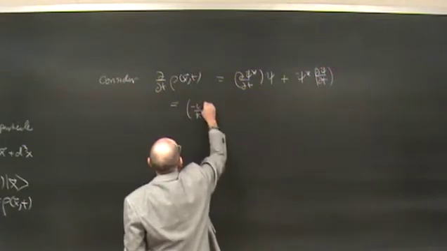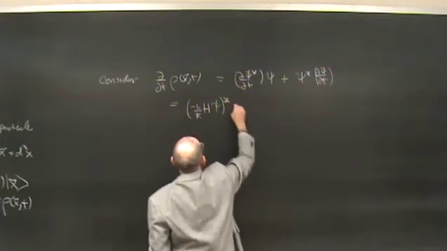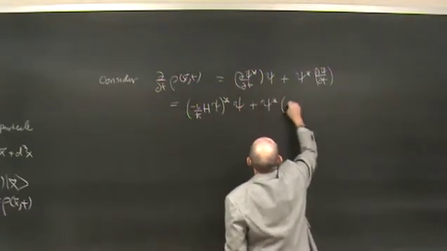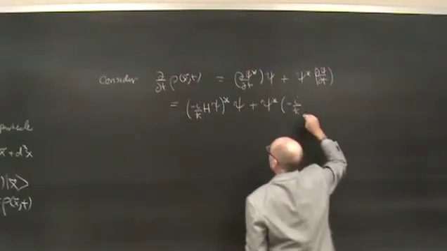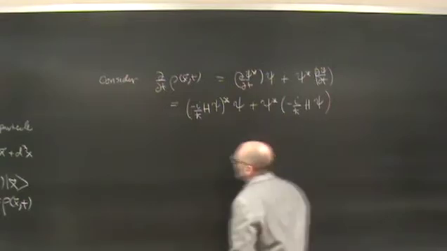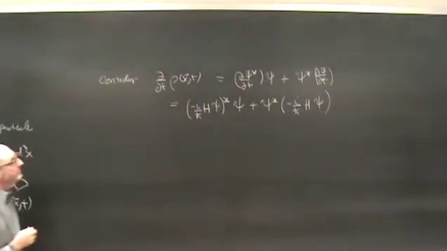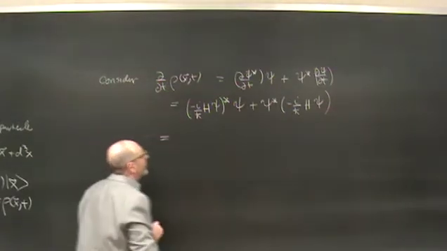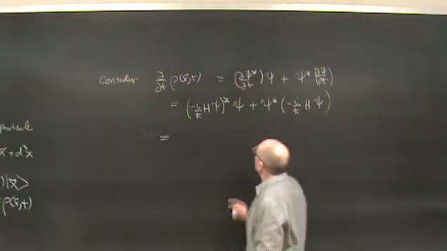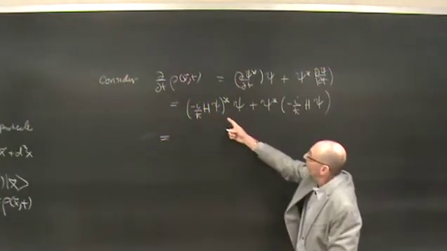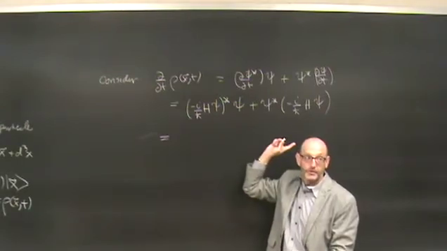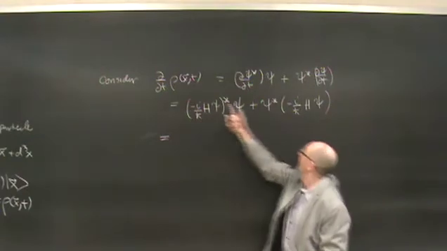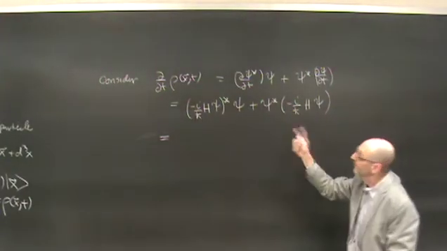minus i over h bar, H psi star, plus psi star times minus i over h bar, the Hamiltonian on psi, all in the position representation. Now, what will this be equal to? Well, the term that has to do with the potential will cancel, because the star of this gives me a plus i, and here I have a minus i, and the potential term cancels out.